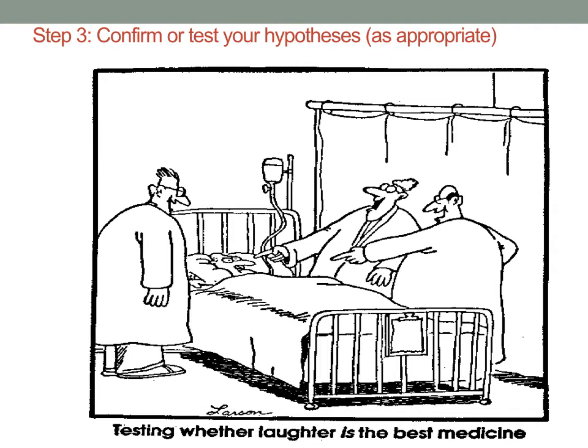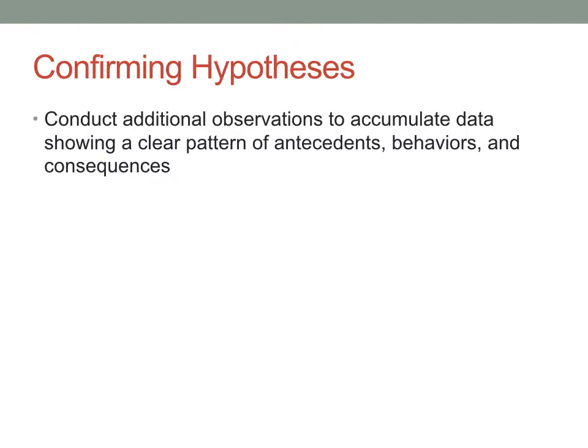There are several ways to do it, but in real life, as a teacher practitioner, you can conduct additional observations to accumulate data showing a clear pattern of the antecedent, behavior, and consequences you identified. So you will see if the ABC is reoccurring over and over and over to confirm your hypothesis.